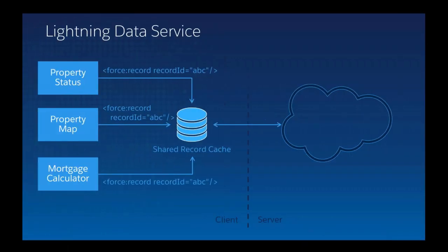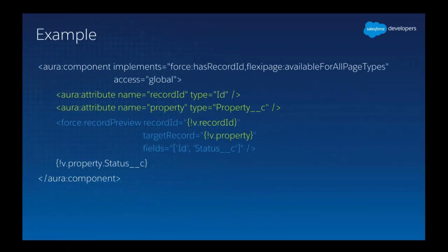Let's review here on the slide what you need. This is really a fully functioning component that is able to retrieve data simply with these two attributes, and then the force record tag, and then we can bind to property. It's as simple as that, essentially 4 or 5 lines of code.